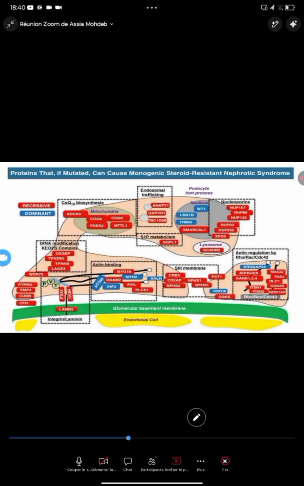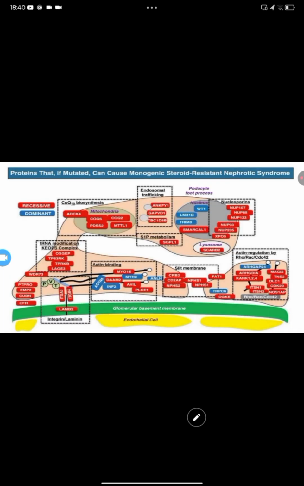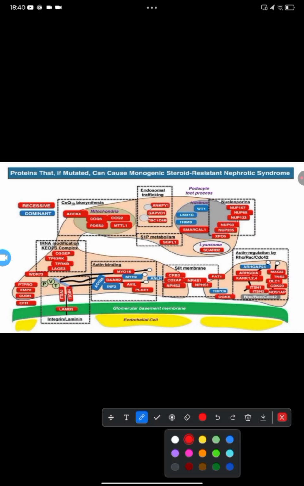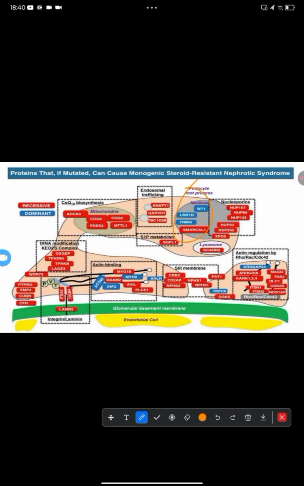And then we're going to move inside the podocyte and follow a simple sequence. We have the nucleus, the nuclear pores, and the endosomal trafficking. For the first one, the nuclear control, we have the WT1, LMX1B, TRIM8, and SMARCAL1, which is the only recessive gene in the nuclear control.